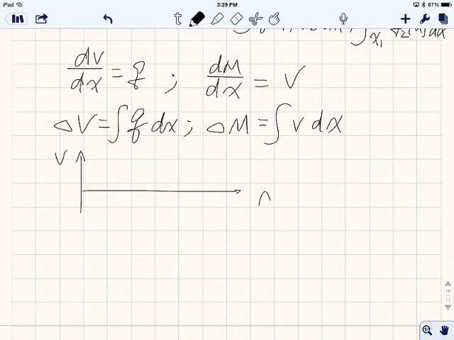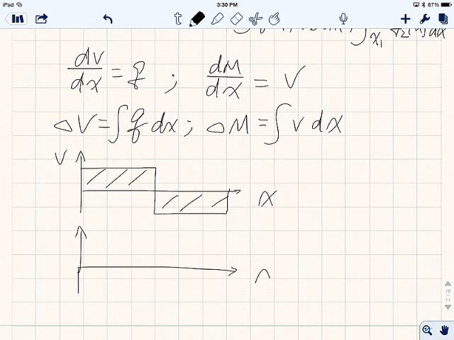For example, you have a shear force diagram, and right in the middle there's a concentrated force. Shear force like that, and the moment would be like this.